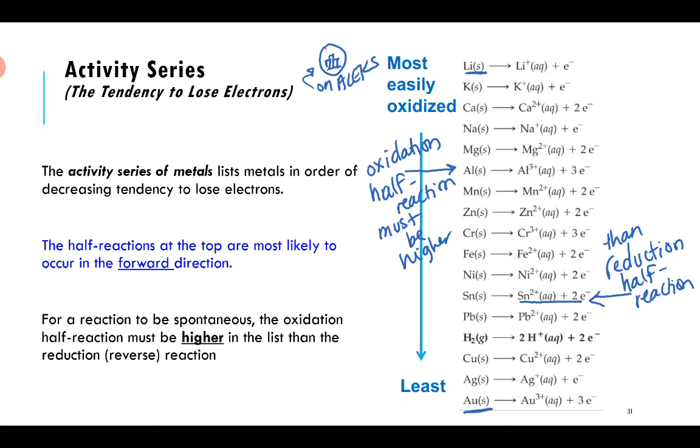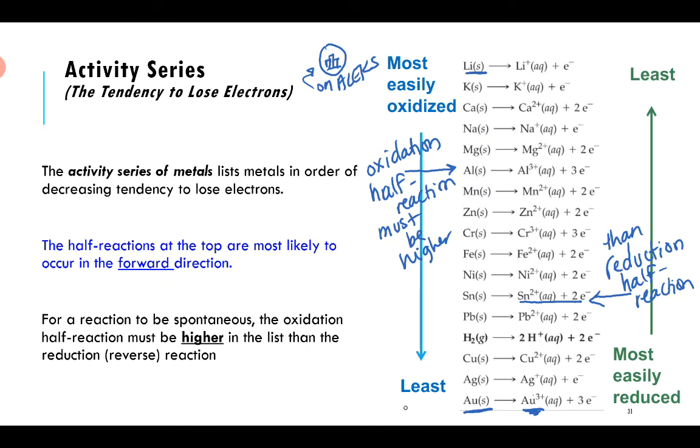Okay, let's do an example. Oh yeah, so that's our reduction half. So gold 3+ ions are the most easily reduced. We have to remember that reduction is the gain of electrons.